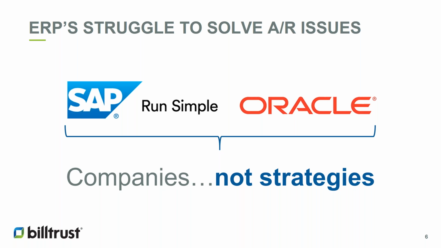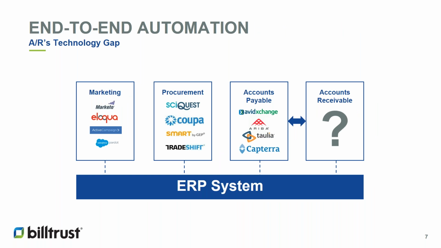Anytime you need to make a change or a customization, you find yourself relying a lot on the IT team, right? If your invoice template needs to change, a lot of times those are hard-coded into the ERP system, so you have to reach out to IT to figure out how to go about doing that. So overall, ERPs are not very efficient in managing AR-specific functions and tasks.